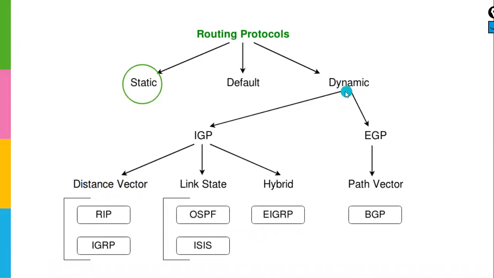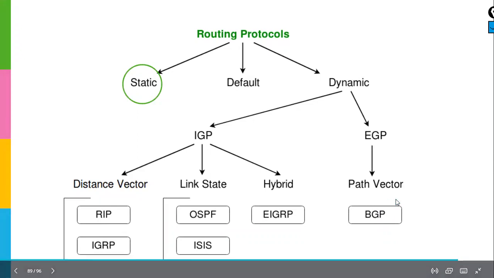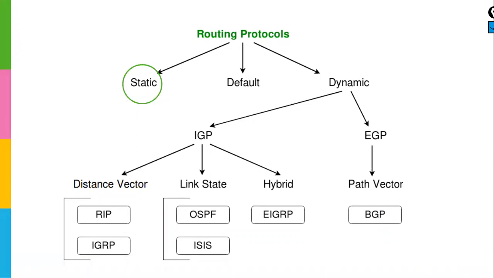On the other side, dynamic routing is divided into EGP also. EGP contains path vector, and in path vector there is only one protocol, BGP, Border Gateway Protocol. BGP is further divided into two parts: IBGP and EBGP. IBGP is Interior Border Gateway Protocol, and EBGP is Exterior Border Gateway Protocol.